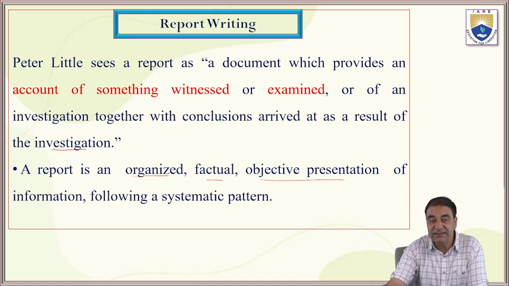And following a systematic pattern, here we follow a systematic pattern of formats. For example, a magazine report has a different format from a newspaper report. In a magazine report, we are supposed to write our signatures at the end of the report.